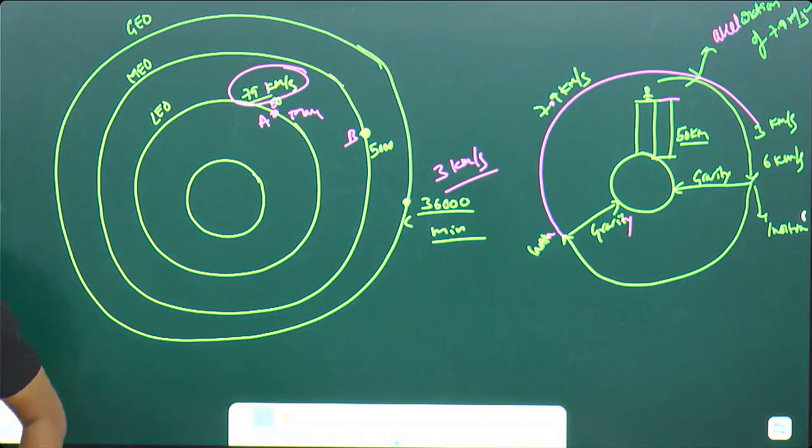Their forward motion keeps them moving in a curved path around the earth instead of falling.